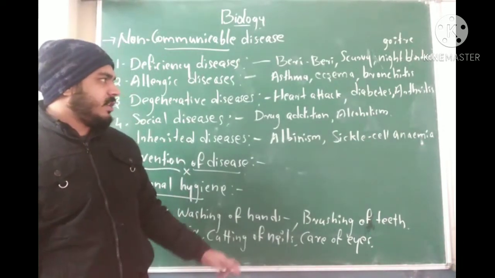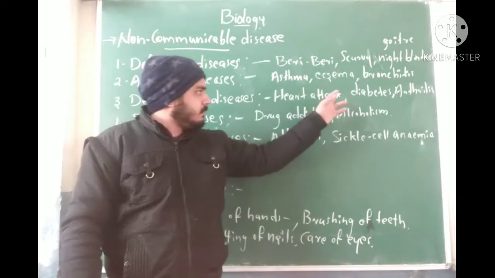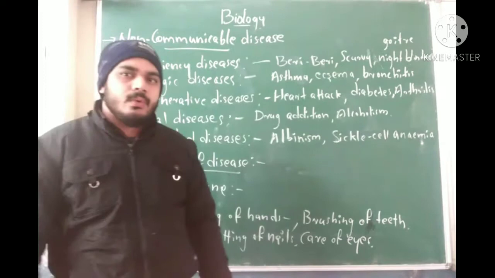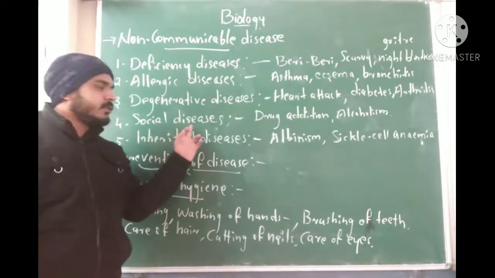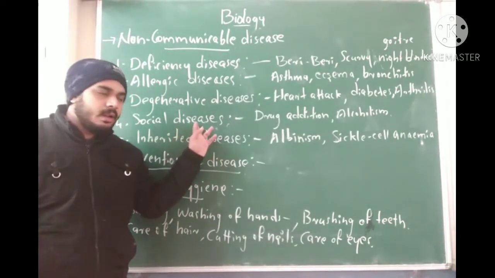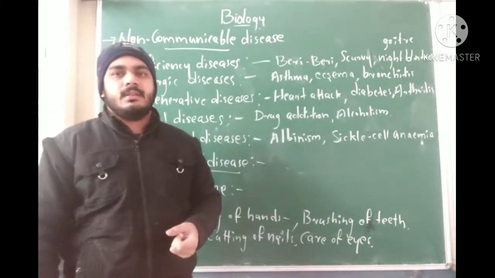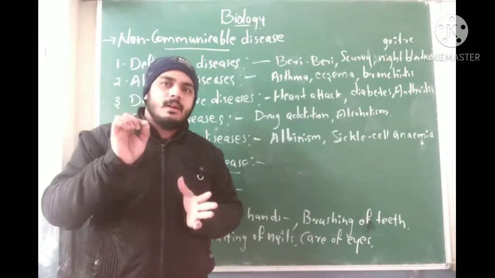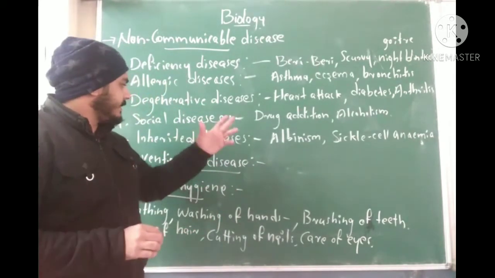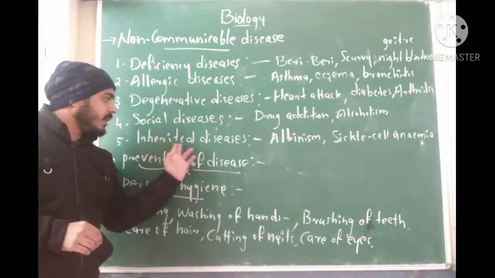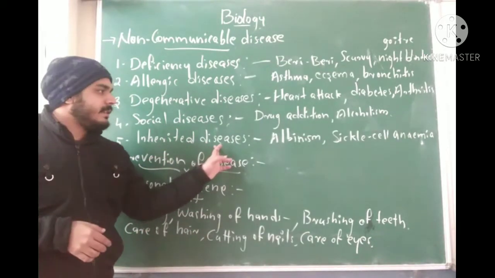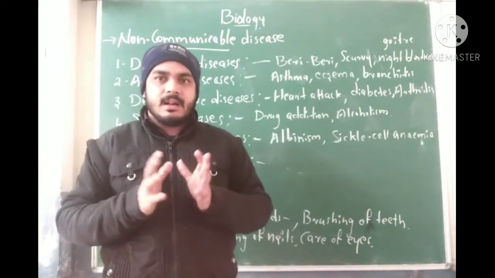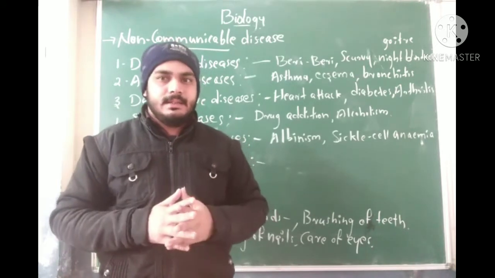Degenerative diseases are heart attacks, diabetes, and arthritis. And the fourth one, social disease. Social disease means drug addiction and alcoholism. This type of disease is called social disease. And the fifth one, inherited disease. Inherited diseases are albinism and sickle cell anemia. This type of disease is called inherited disease.